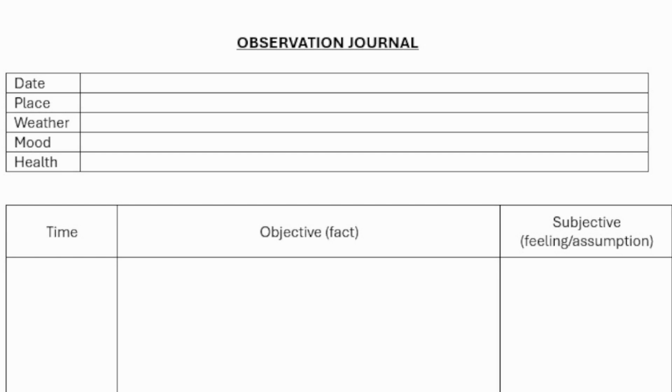At the top, you're going to notice that there's a table that says date, place, weather, mood, health. It's really important to start every observation off with the time, the place, the weather, the mood that you are in, and also be aware of your health, right?